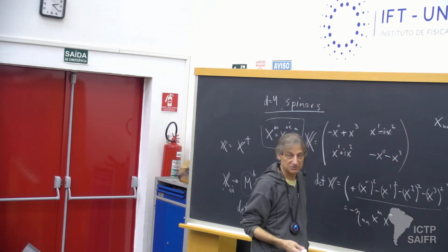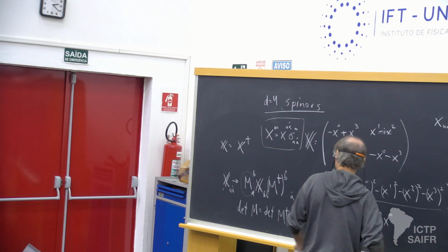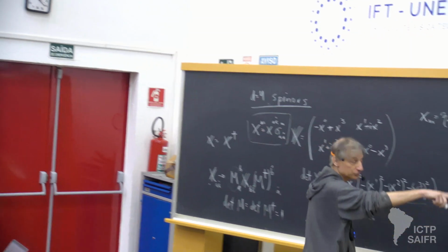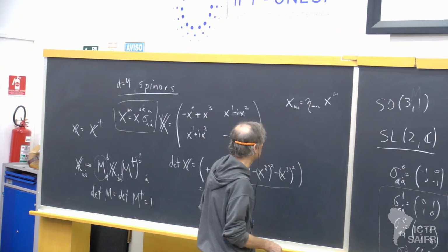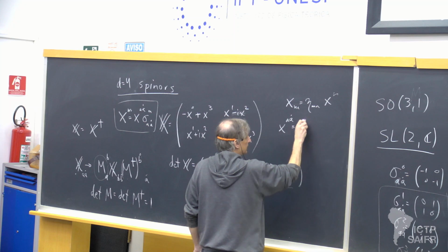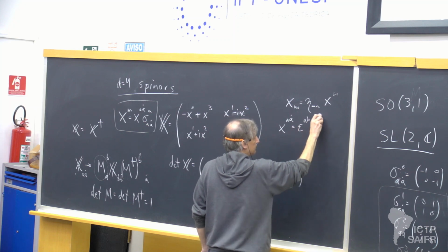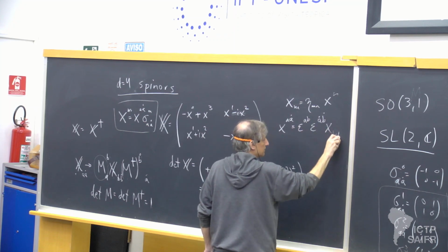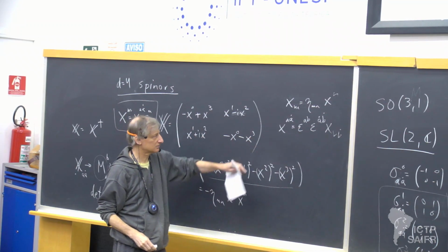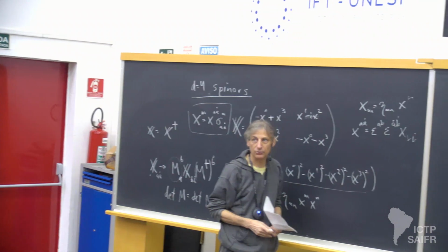Now I can write the same type of relation with these dotted and undotted indices using epsilon to raise and lower. So you can say x_{aa dot} is equal to epsilon_{AB} epsilon_{A dot B dot} x^{bb dot}. So again, it's just indices which I can raise and lower.